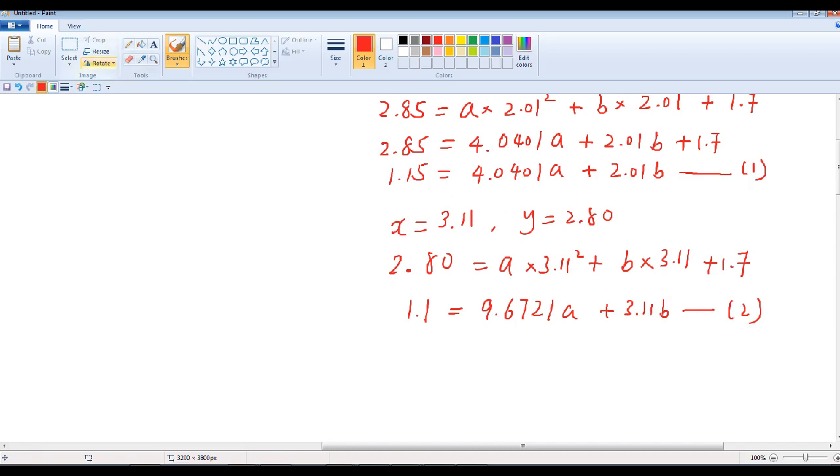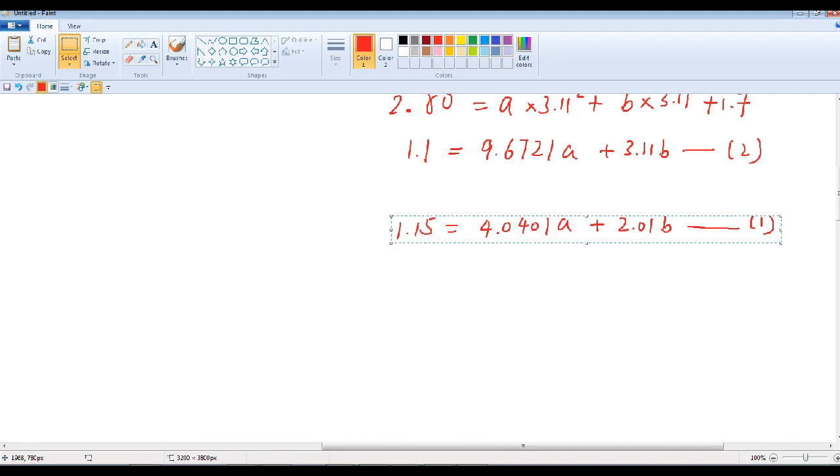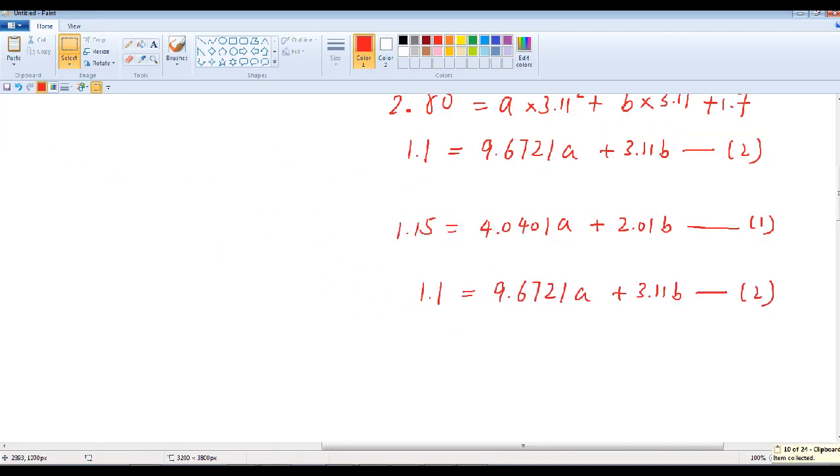Okay, so the problem is, how could we solve these two equations? Let me put them side by side. So now this is our first equation, and here's our second equation.